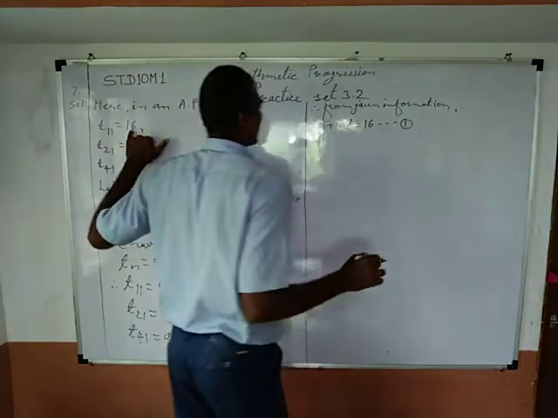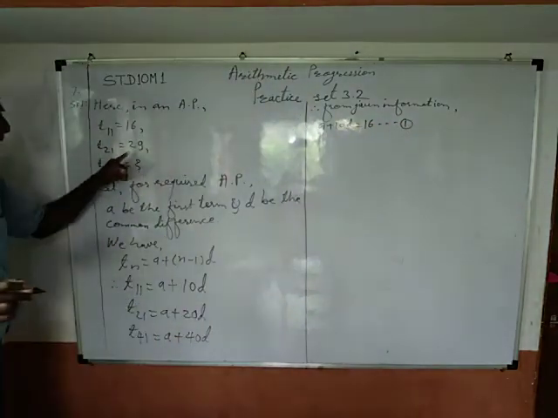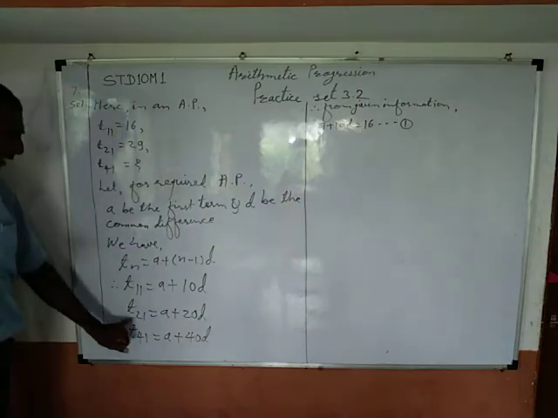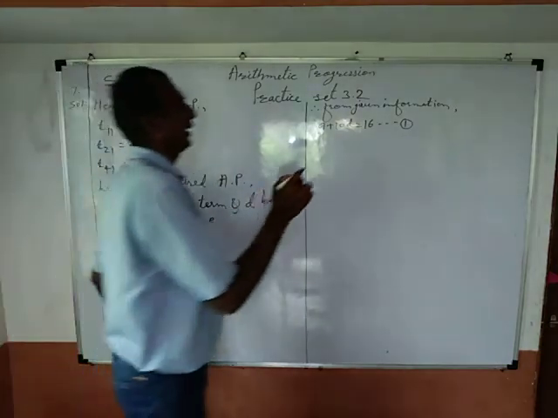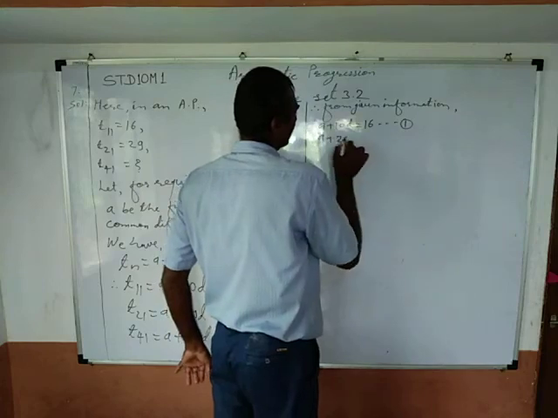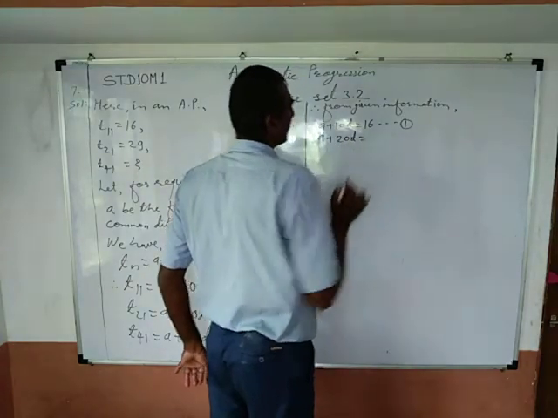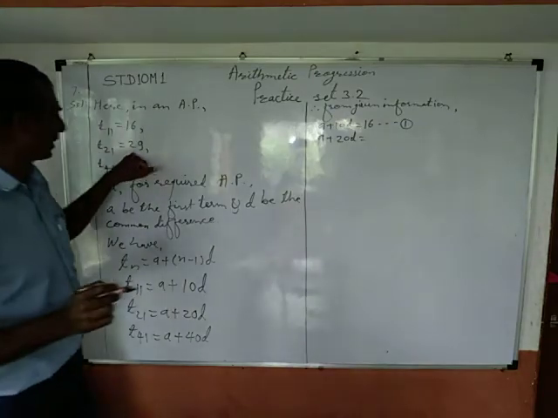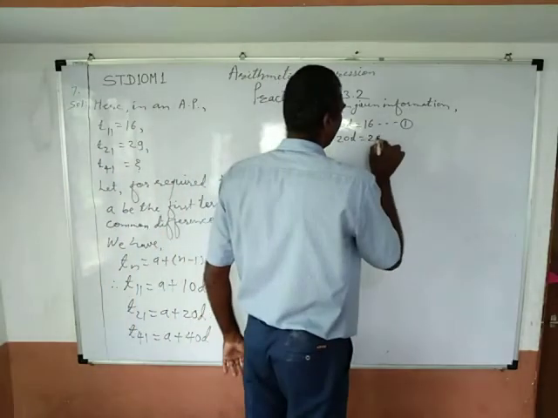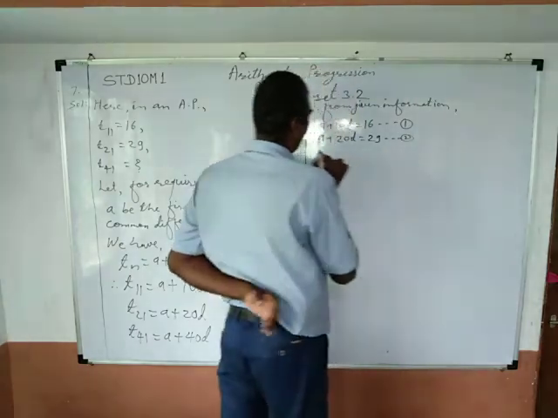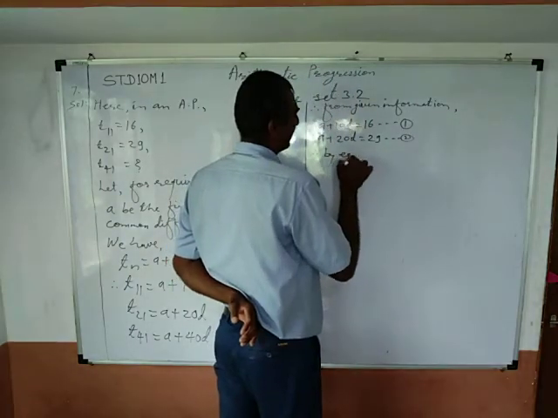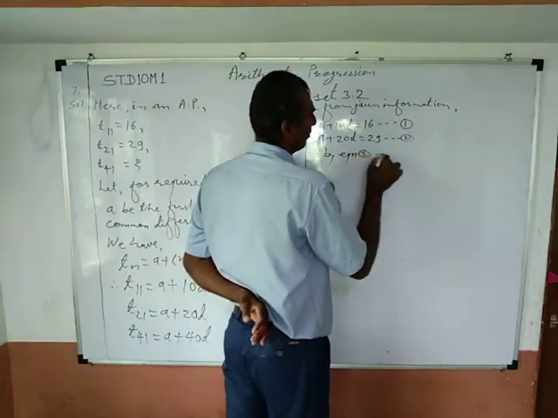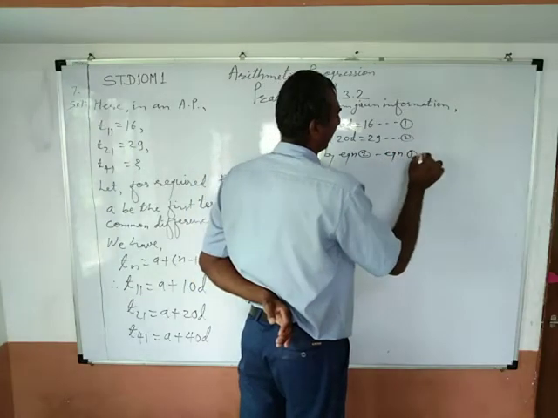Let's call it equation 1. And T21 is 29. By the formula, T21 is A plus 20D, so A plus 20D equals 29. Equation 2. And therefore, equation 2 minus equation 1.